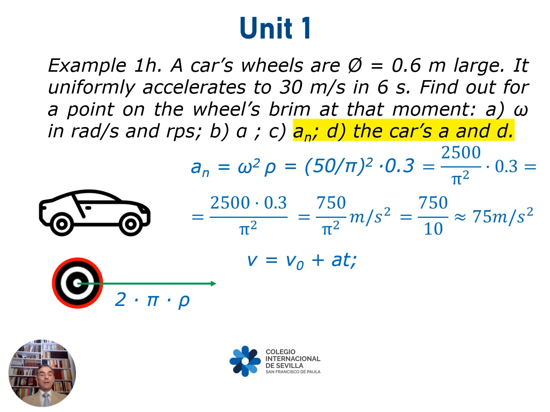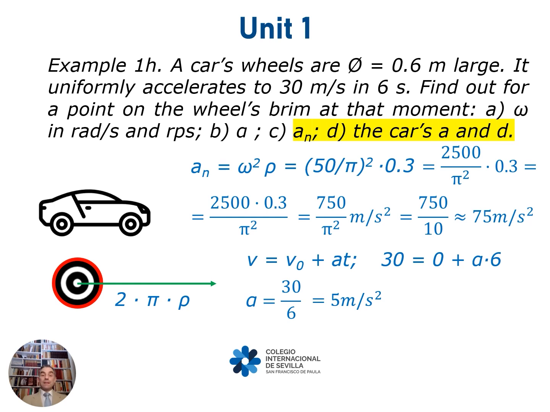We were at rest at the beginning, therefore 30, the current linear speed, equals 0 plus the linear acceleration times the 6 seconds elapsed. Acceleration equals 30 meters per second we have now as linear speed divided by the 6 seconds it's taken us to reach it, which means 5 meters per second squared.